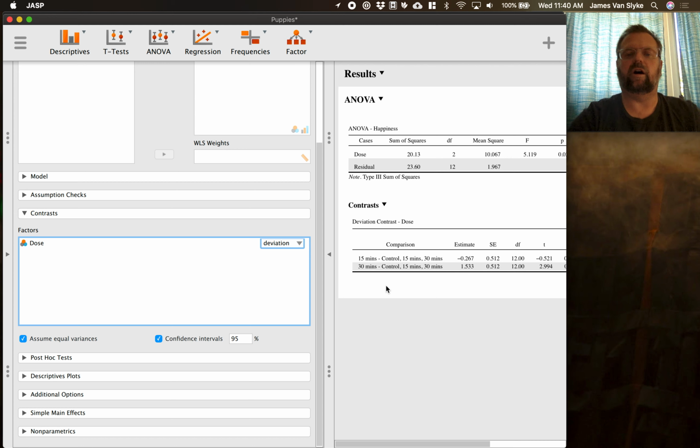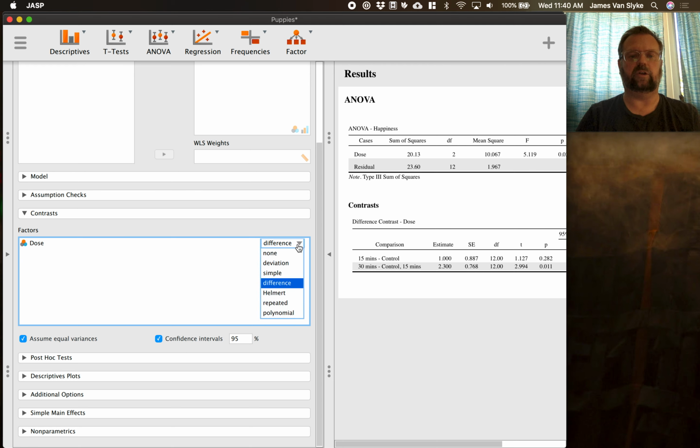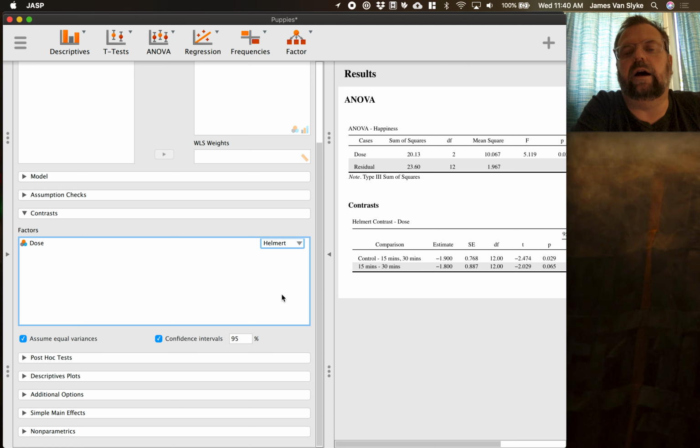That wasn't really our hypothesis before. The difference one is a little bit closer, compares 15 minutes to control. So if you're not getting the contrast that you want, you can change the type of contrast that you're doing in order to get the one that you want. For our purposes, we're going to stick with the Helmert one. Now, there's a couple other things that we want.